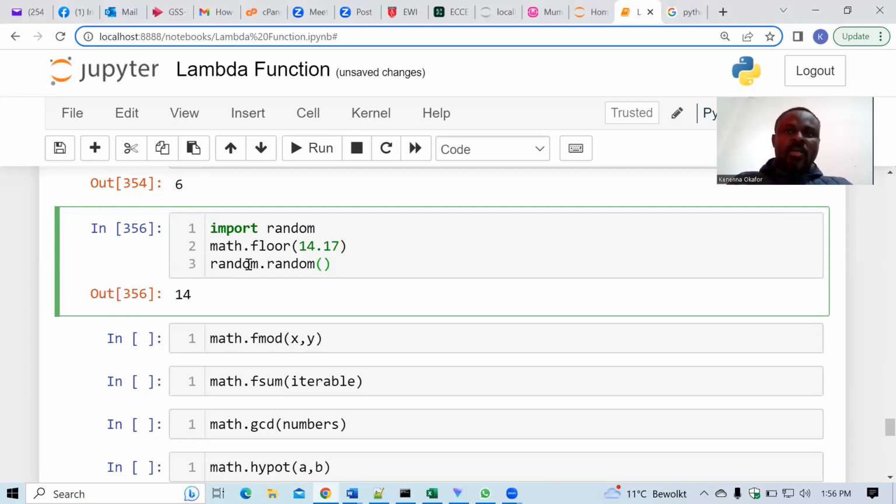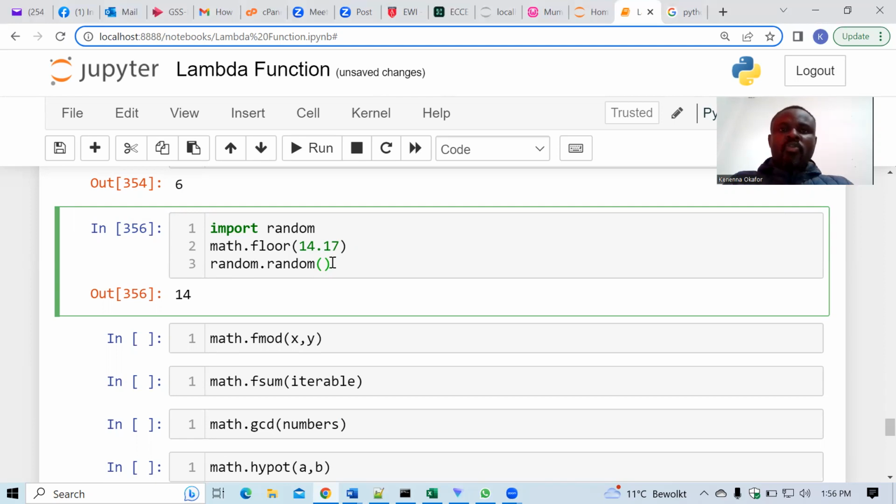So it takes a number from 0 up to the upper limit. It is 1. So it takes a number from 0, it doesn't get to 1, right? From 0 to a point before 1. That's what the random method will generate.